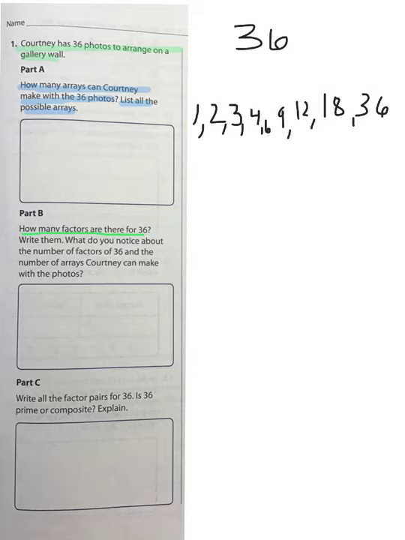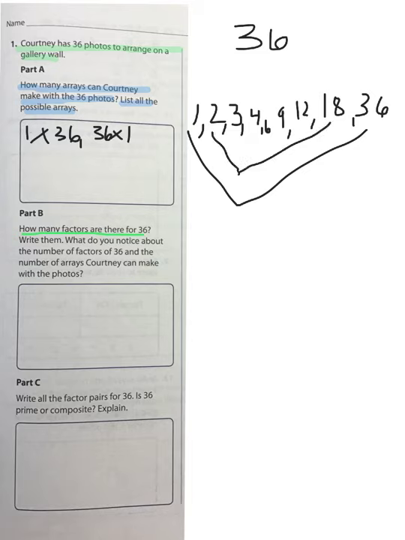So the different possible arrays are 1 row of 36 and 36 rows of 1, because you have to be able to write them both ways. Also, we could do 2 rows of 18 and 18 rows of 2.